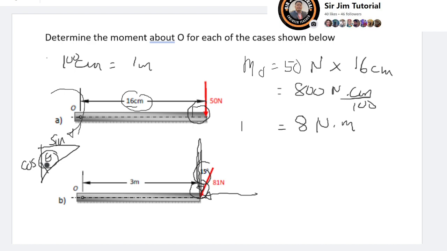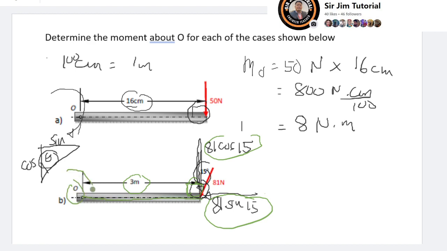The angle opposite is sine, the side adjacent is cosine, so this one is 81 cosine of 15. However, this one is 81, and of course this becomes sine of 15. But take note about the moment. Here there is this 90 degrees angle, so obviously you can have this distance. But in this case, this horizontal component is going towards this O, the point of rotation.